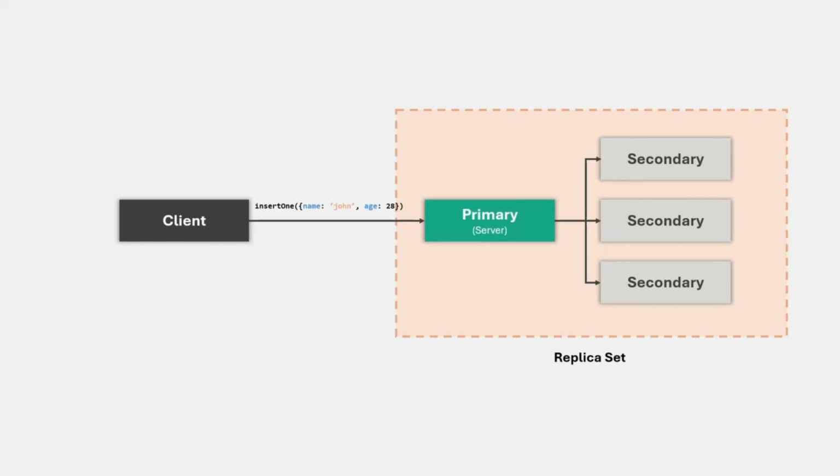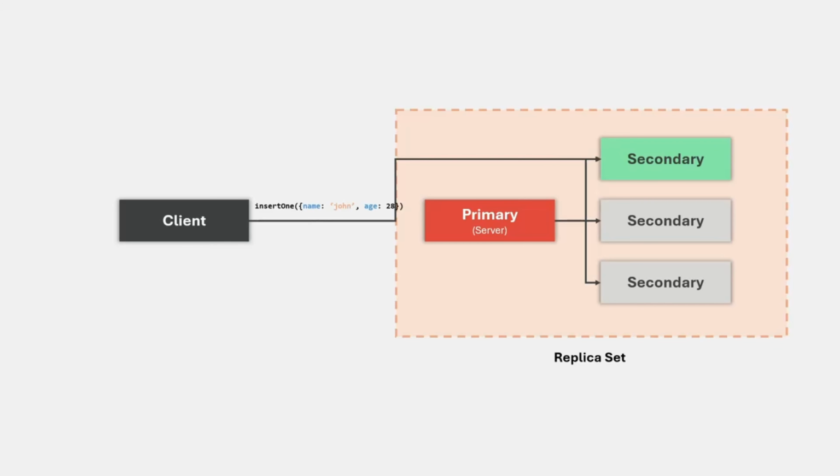Now the question is, why do we need replica sets? That is because, let's say, for some reason the primary server goes down. In that case, we will have the backup in the secondary servers. And when the primary server goes down, one of the secondary servers becomes the primary server. So a replica set is basically the primary server plus its replicas.